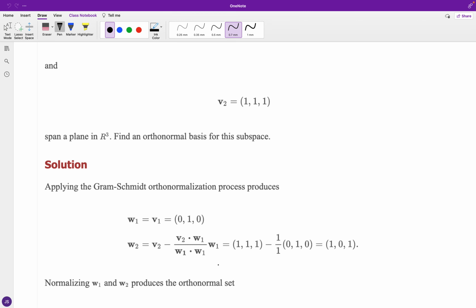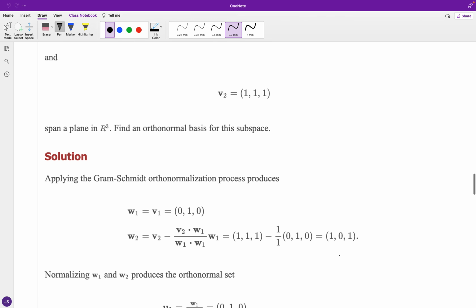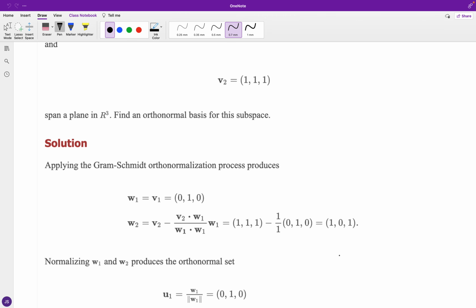And W sub 2 is V sub 2 minus the dot product of V sub 2 and W sub 1 all over the dot product of W sub 1 with itself, multiplied by W sub 1, and for this outcome we have (1, 0, 1). So (0, 1, 0) and (1, 0, 1) form an orthogonal basis.